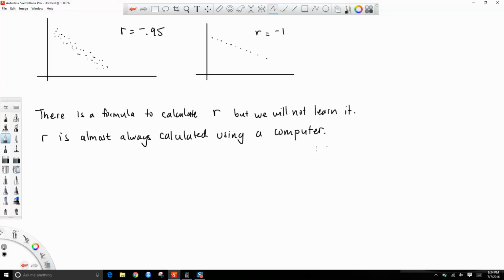So we will just have to learn how to interpret and use R.